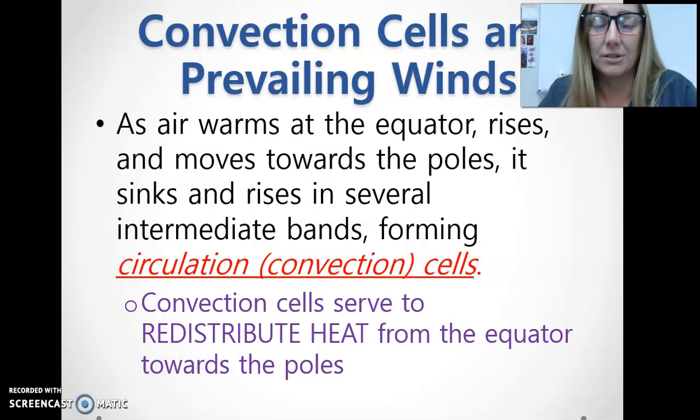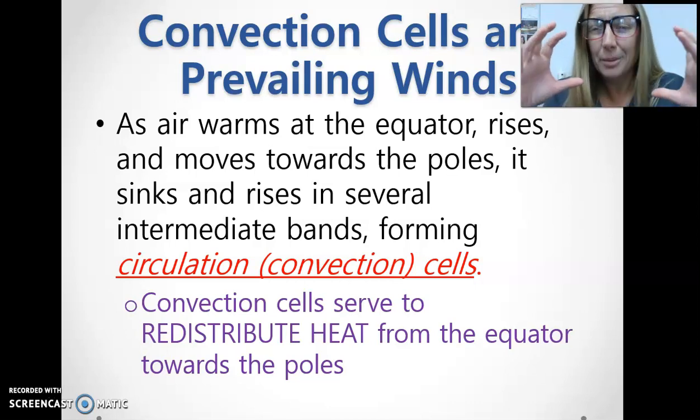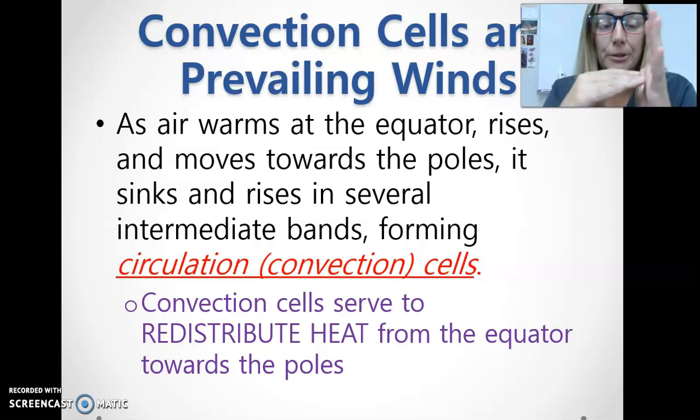the polar regions. The equatorial regions receive more sunlight than the polar regions because the Earth is not a perfect sphere. And so the equatorial region is receiving a lot of direct sunlight. Therefore, it's being intensely heated.